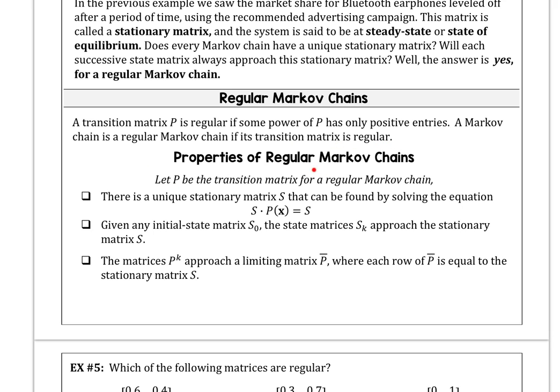And we're going to see that there's going to be a unique stationary matrix S that can be found by solving this equation: S times P is S. And given any initial state matrix S sub naught, the state matrices S sub k approach the stationary matrix S, and the matrices P to the k power approach a limiting matrix we'll call P bar, where each row of P bar is equal to the stationary matrix S.